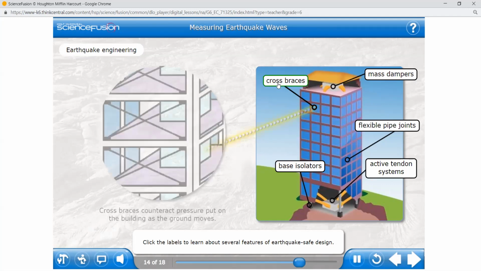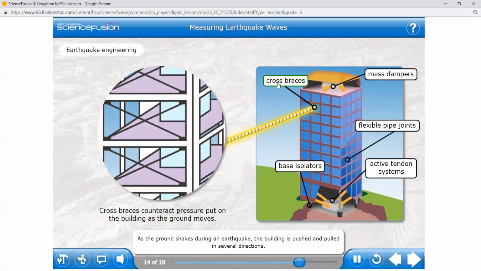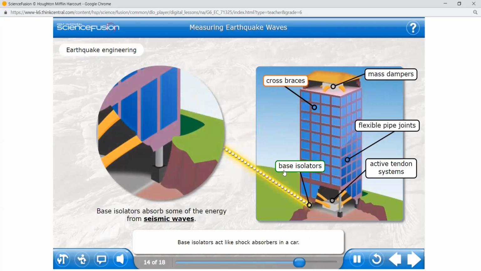Let us click this. As the ground shakes during an earthquake, the building is pushed and pulled in several directions. Cross braces counteract this movement, helping the building absorb energy and remain stable. Base isolators act like shock absorbers in a car.